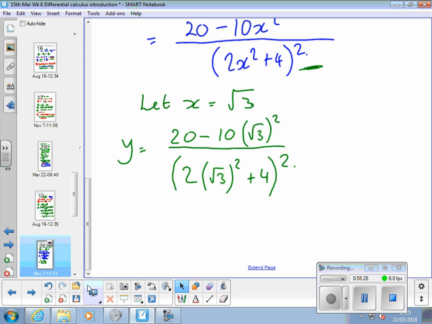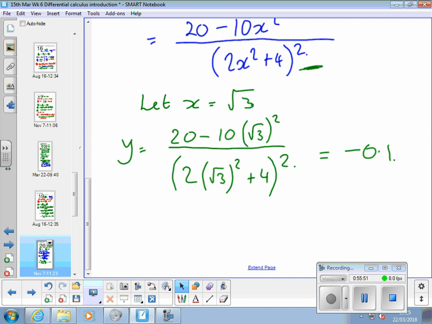Minus 0.1. Yeah, minus a tenth is minus 0.1. That's what I've got on there. Equals. You don't need the y, you only need the x.